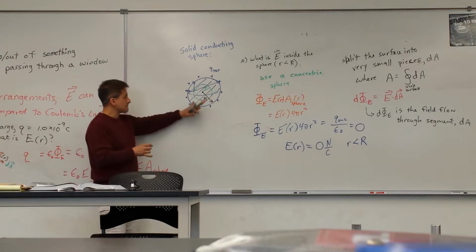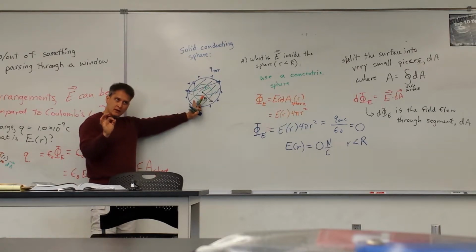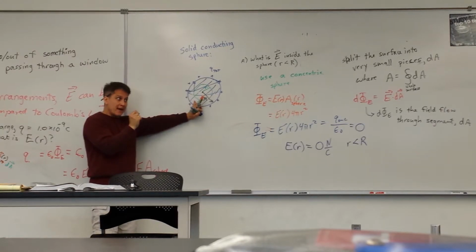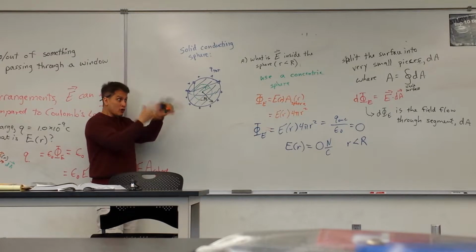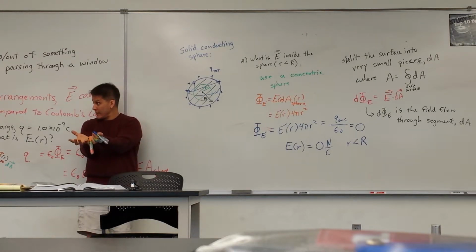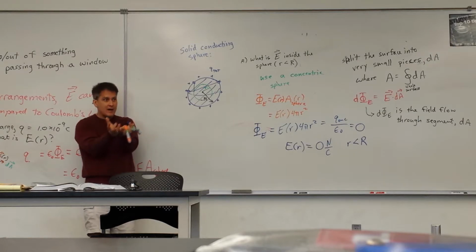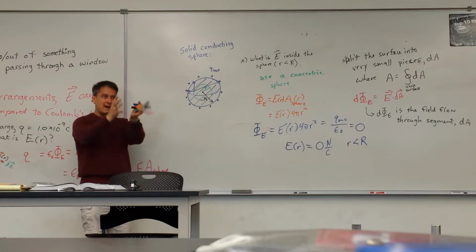Now, just to make it clear, in the process of charging this sphere and removing electrons, there will be a transient interval where the charges take time to arrange themselves and push themselves out as far away as they can. During the time it takes for the charges to, in fact, distribute uniformly, during that little flux, if you will, during that movement, the electric field is not 0.